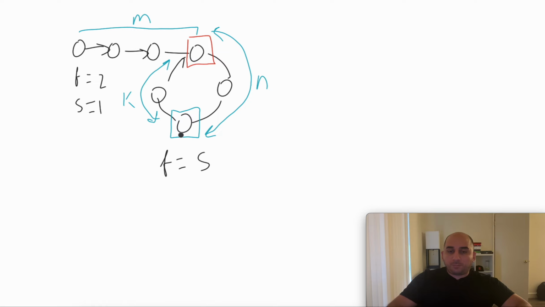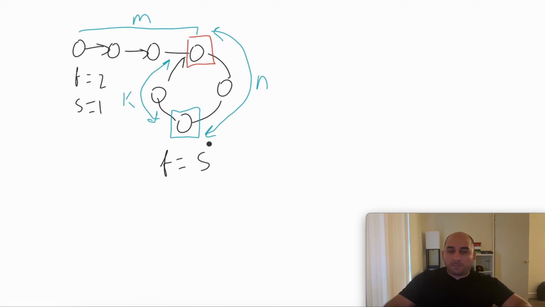But we need to return the starting position. So the next step, we start again from the head for the slow pointer, and the fast pointer we are also moving one step at a time. The point where they meet is the starting point.